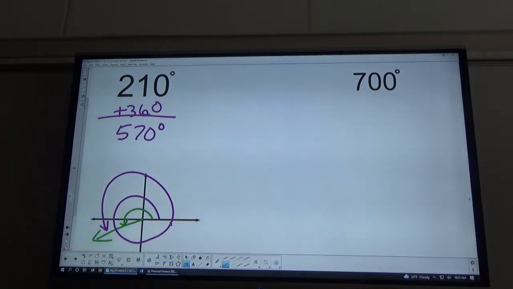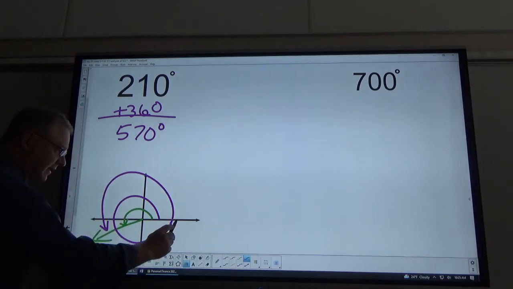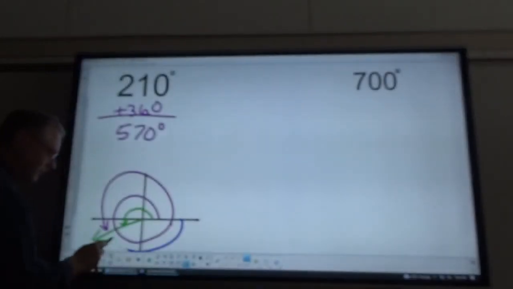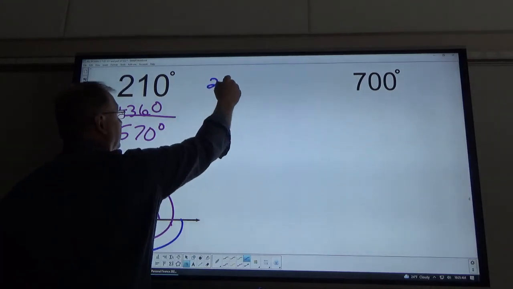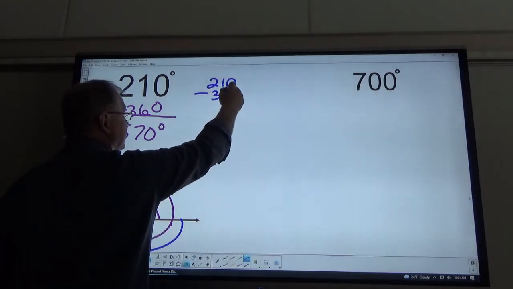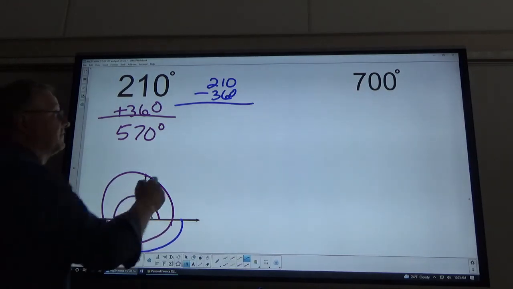Now the book is going to look for a positive and a negative coterminal angle. That's what they really want. Well, if I wanted a negative coterminal angle, I'd start here and go this way. If I say 210 minus 360, we know that's going to be negative, so a negative 150 degrees.